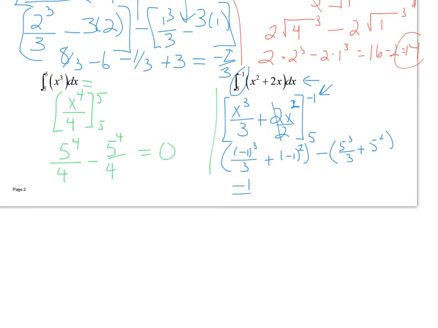So you get -1 here because it's a cube, so -1/3, plus +1, because when you square a -1, you get a +1, minus, now you're going to get 125 thirds, and then minus, you have to distribute. Now, I don't mind if you do it here. That's a squared number, and that 5 makes that 2 look negative, but it's -25. Now, I like to combine these fractions first with a common denominator, and I combine my others.